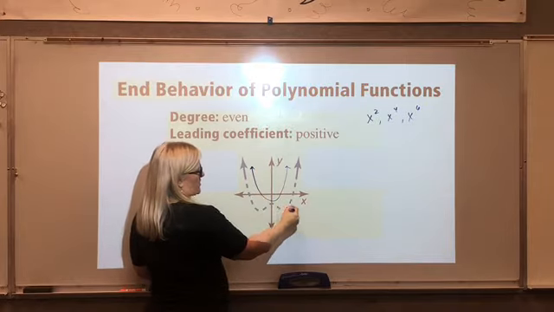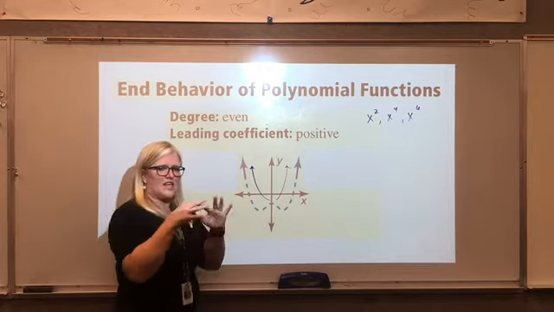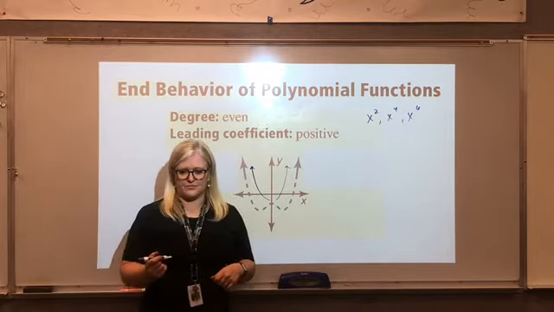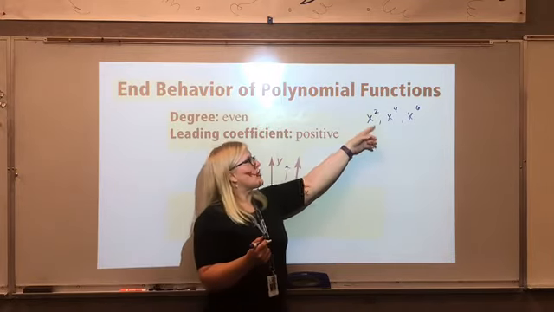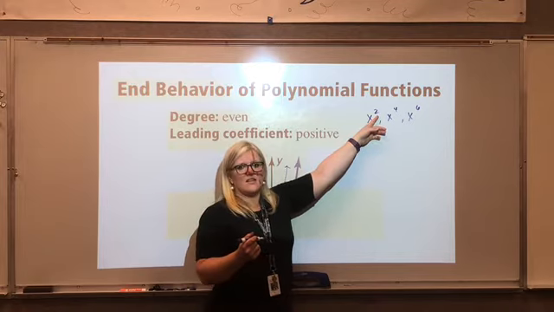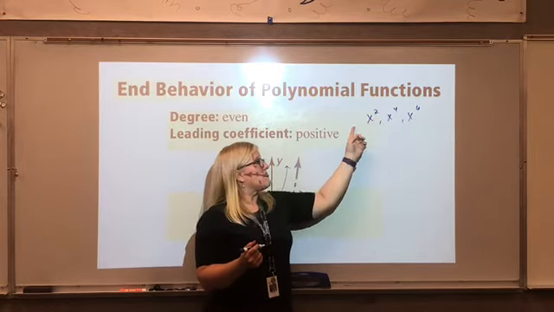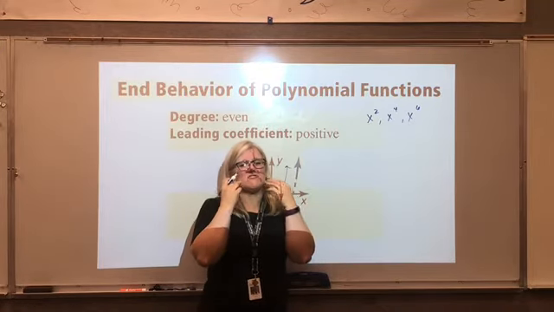X to the 4th looks something more like this. And again, in here they get a little squirrely. But it's the very, very ends that we're talking about. So if we have even exponents, they're of even degree, and they have positive leading coefficients, this is that whole smiley face and frowny face.